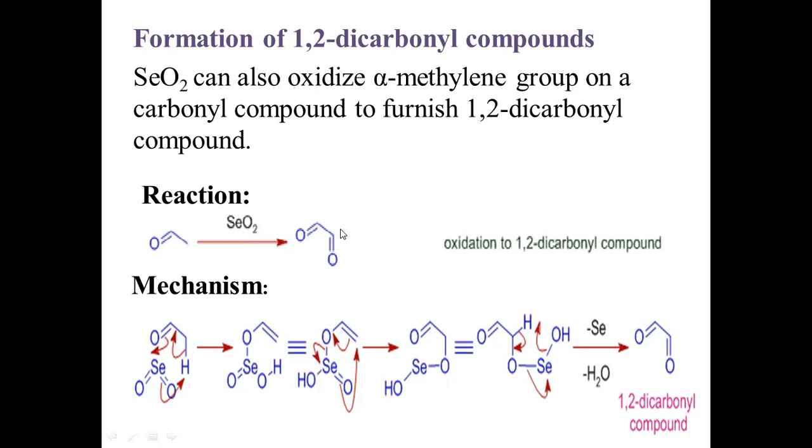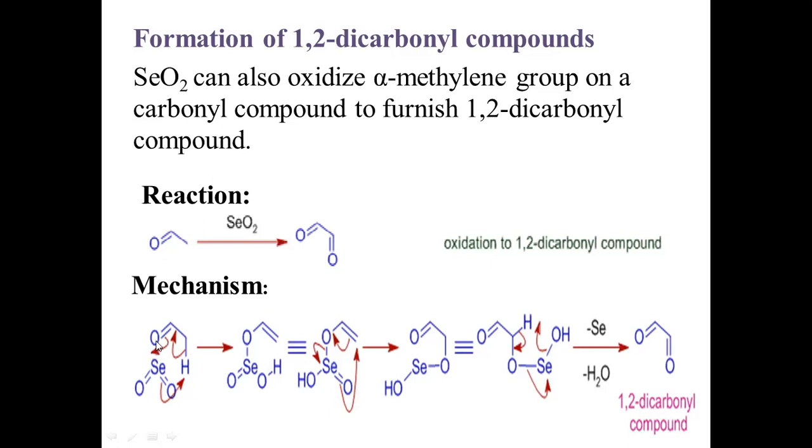Now let us see the mechanism. It is similar to that of the previous mechanism. Let us see how this is taking place. Here also this is undergoing an ene type of mechanism. This is an alpha methylene unit, CH in this case. So this is just like a transfer of allylic hydrogen. The oxygen abstracts hydrogen, then this CH bond pair of electrons is shifted over here, and then this carbon oxygen double bond pair of electrons is shifted over here.